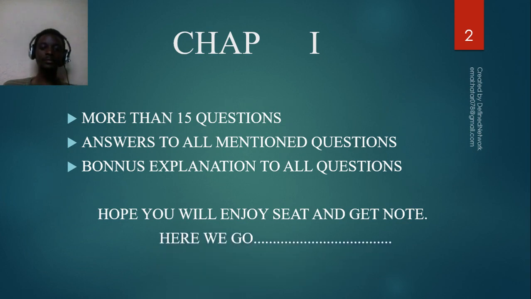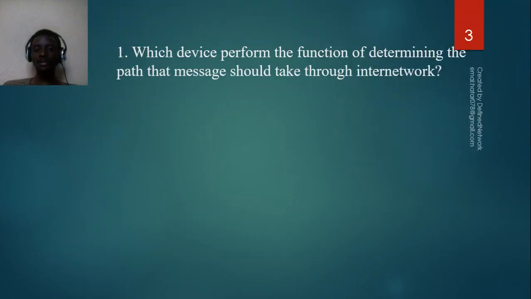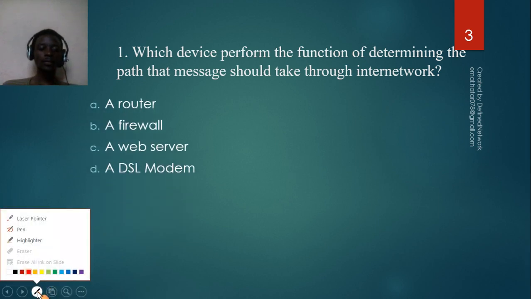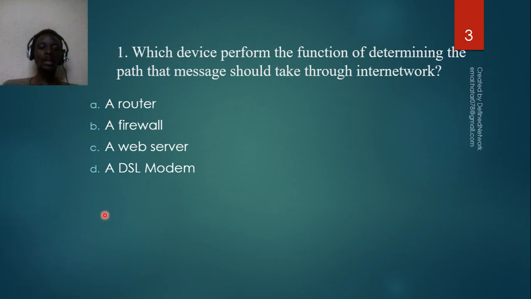Okay, here we go. The first question is, which device performs the function of determining the path that messages should take through an internet network? Among these devices: router, firewall, web server, DSL modem.